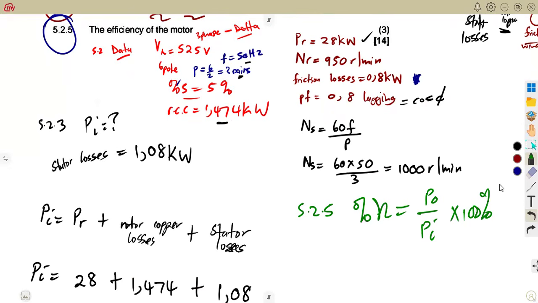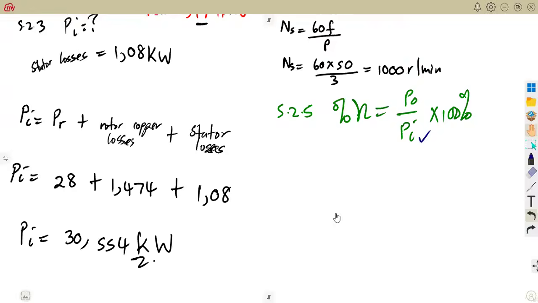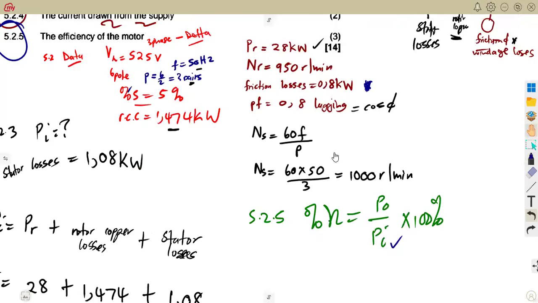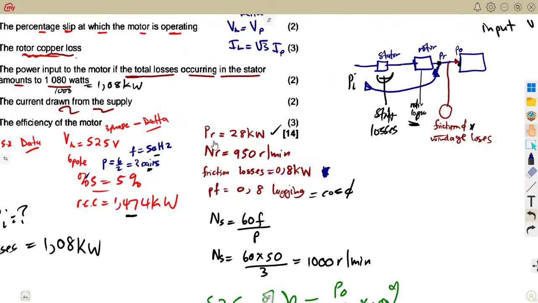We have the input, guys. This one we do have, we calculated it. But we're calculating this from where? From the rotor output, not the mechanical output of the whole machine. No, it was from the rotor.